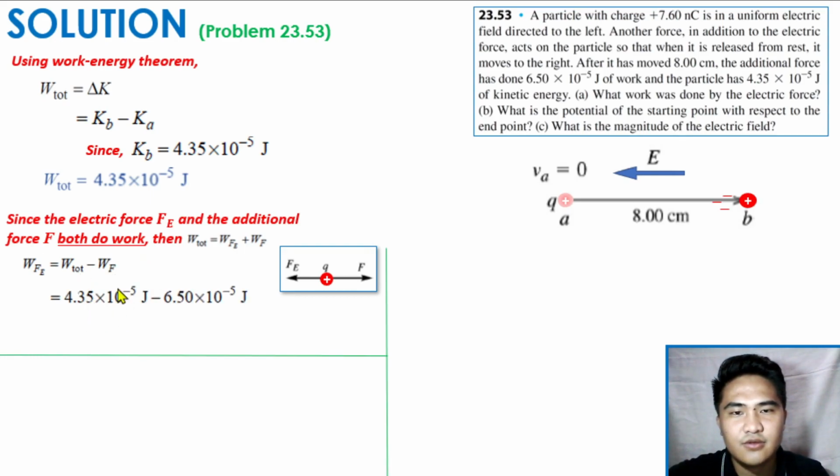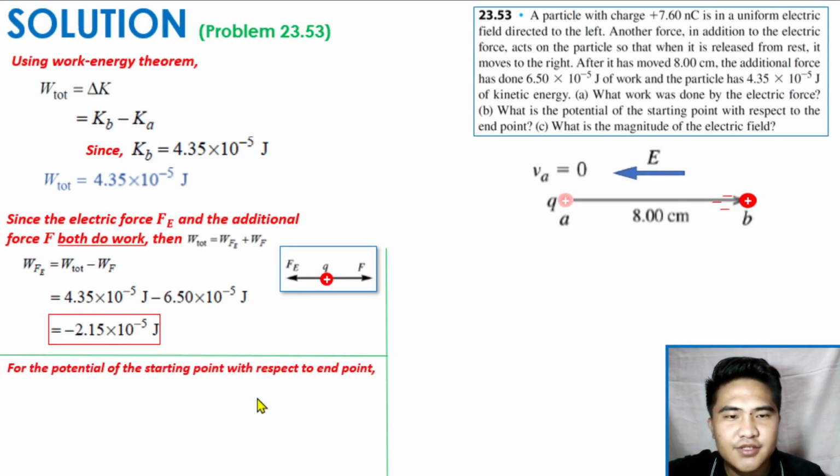Substituting the values, we will have negative 2.15 times 10 to the negative 5 joules. So this is the work done by the electric force.